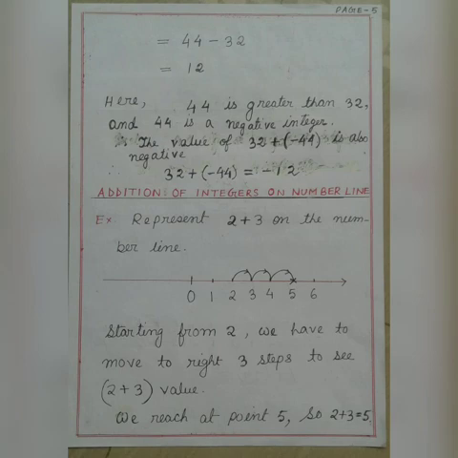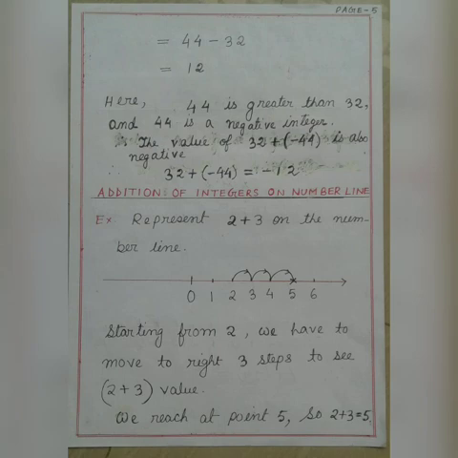Addition of integers on number line. We shall try to understand this with an example. Represent 2 plus 3 on the number line. So I have drawn the number line from 0 to the right side.